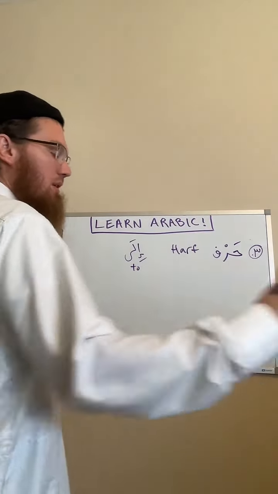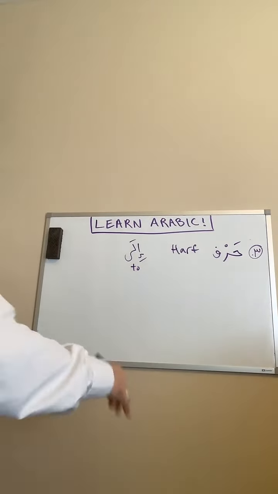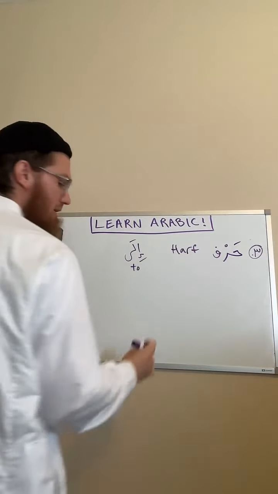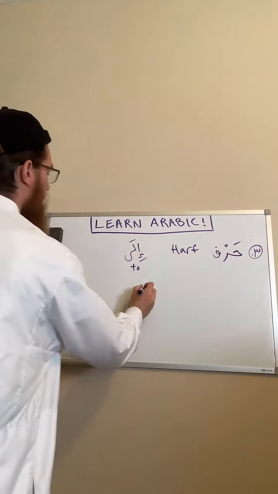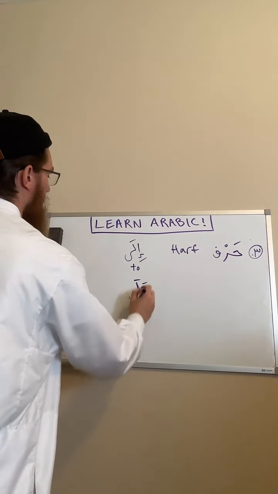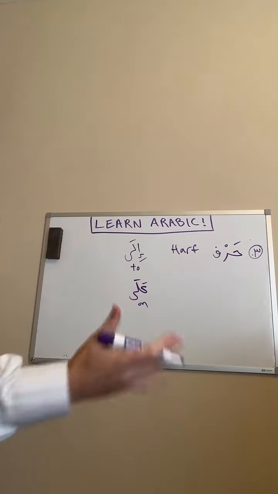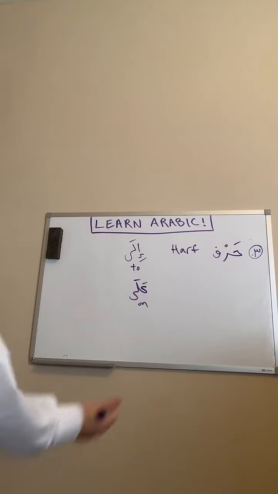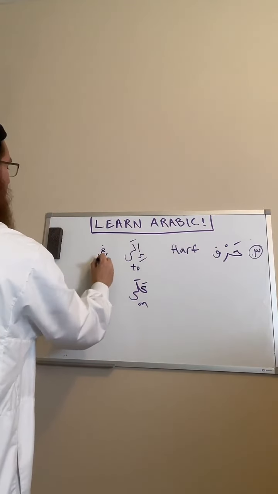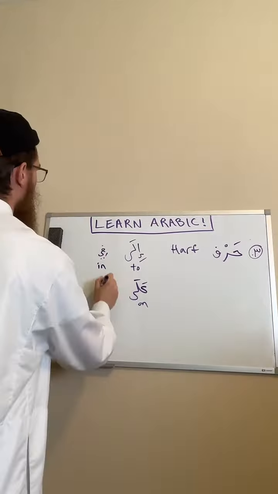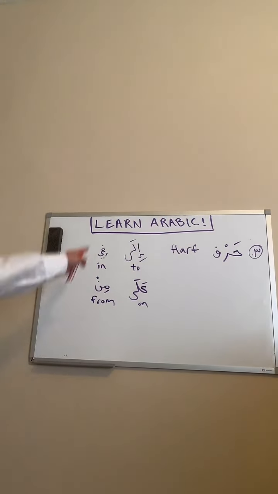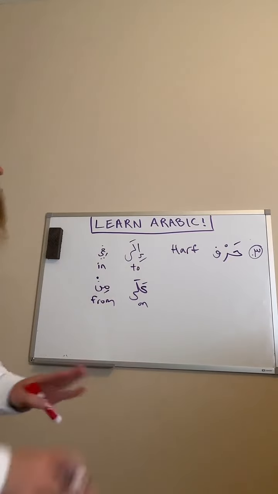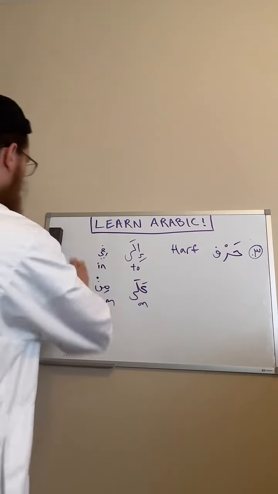To the masjid. Okay, now it makes sense. To the airport. To the house. All right, now it makes sense. But to by itself, it doesn't have a complete meaning. Ala, on. On what? On the desk. Fi, in. Min, from. All of these are examples of the harf. It does not have a complete meaning on its own.